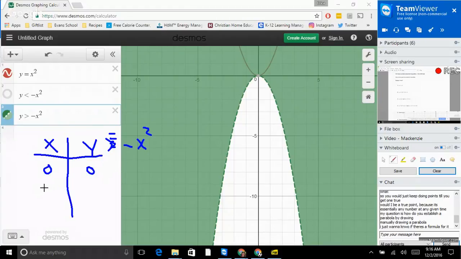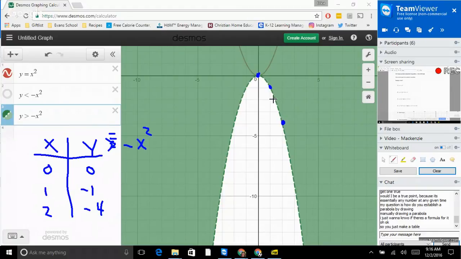When x equals 1, y equals -1. When x equals 2, y equals -4. Yep, you just make a table.